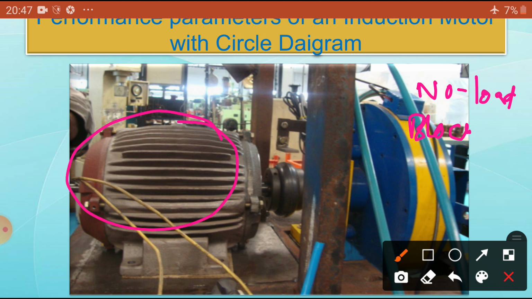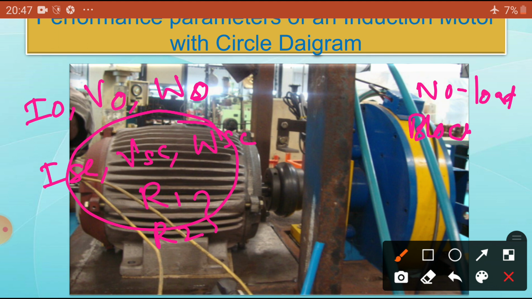Then we are going to get the no load current, the no load voltage, and the no load power. And from the blocked rotor test, I am going to get ISC, VSC and WSC, and by the VI method I am going to get R1. At the same time, R2 also we can calculate by the rotor rheostat method.